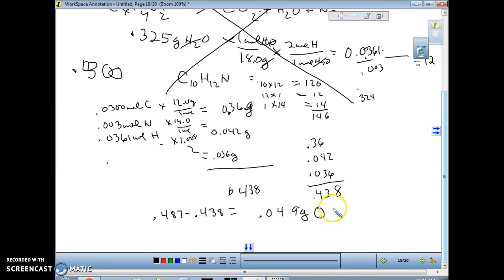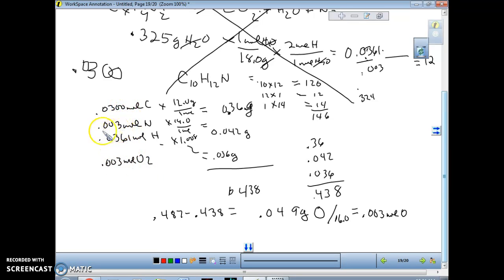Now, let's convert that to moles. So 0.049 divided by 16 is 0.003 moles of oxygen. So now, let's put it over here, 0.003 moles of oxygen. Let's divide these by the smallest.